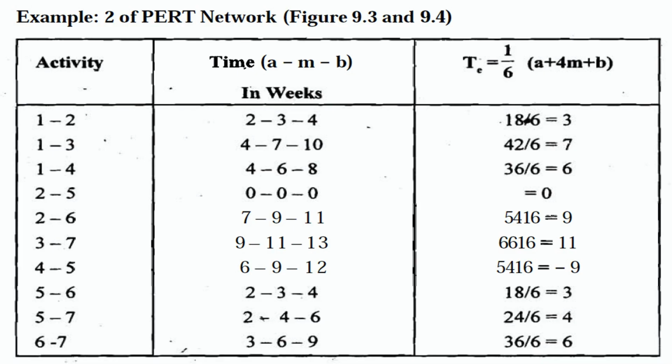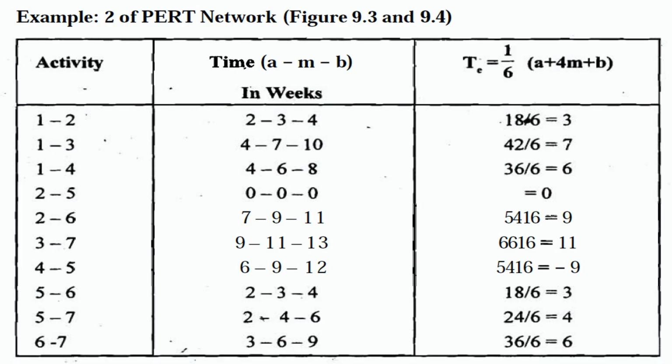The time schedule which is given is very important for you. These are time estimates. The first time estimate, A, you can treat as the most optimistic guess. Like this 1 to 2 activity may take 2 weeks; you can complete it in 2 weeks.